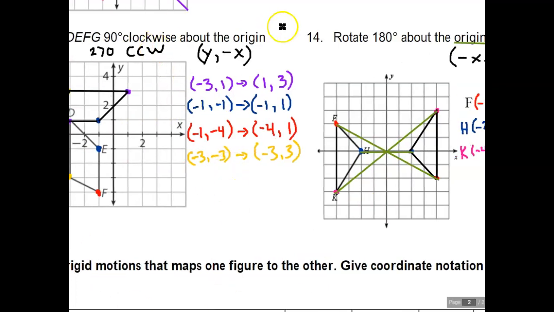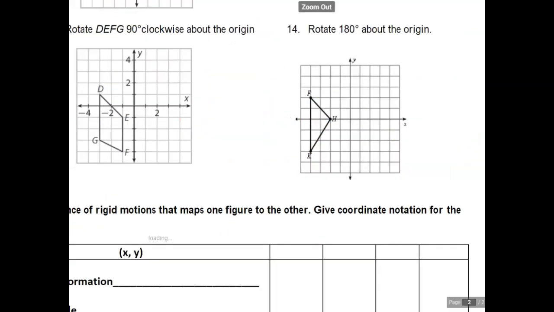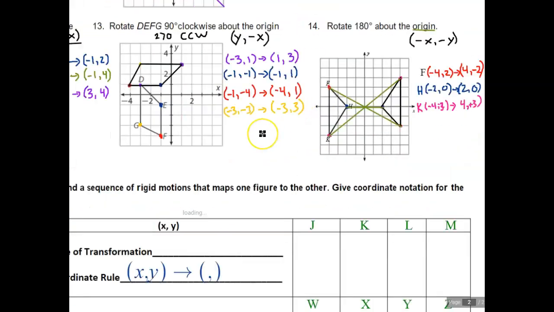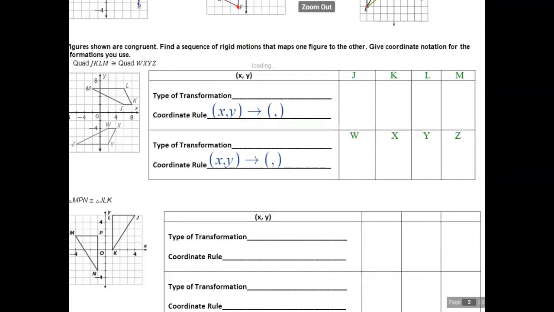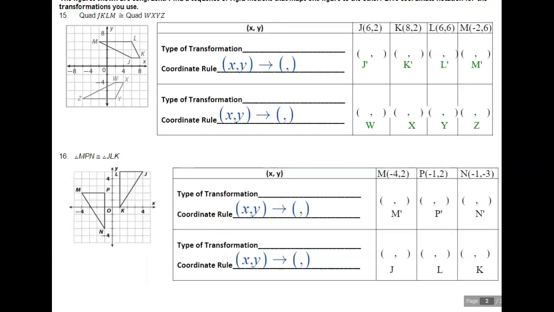Just have these problems where we have to fill out a table. Okay, like magic, all of a sudden I put the coordinates up here for our pre-image for both of these, right?